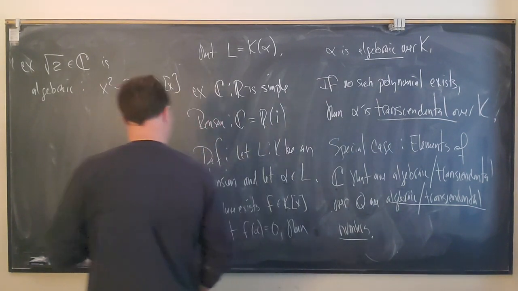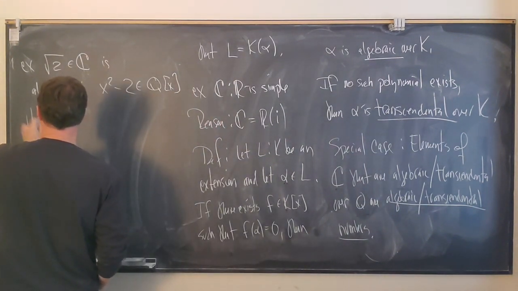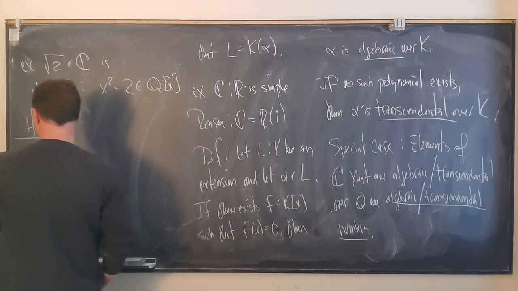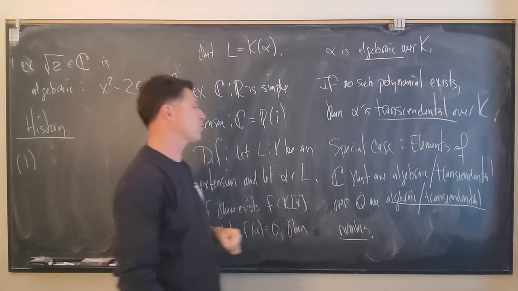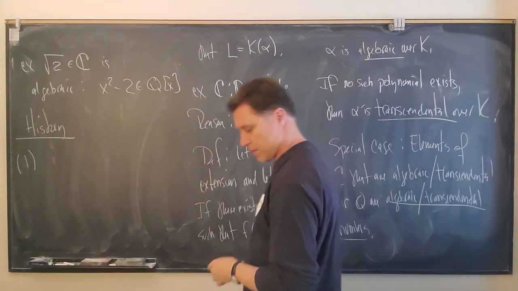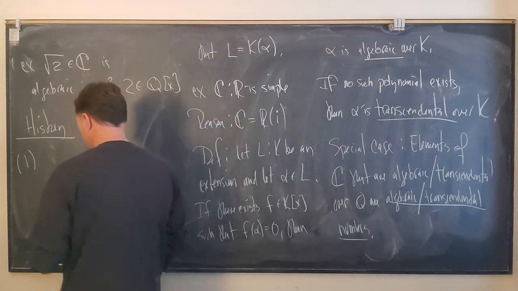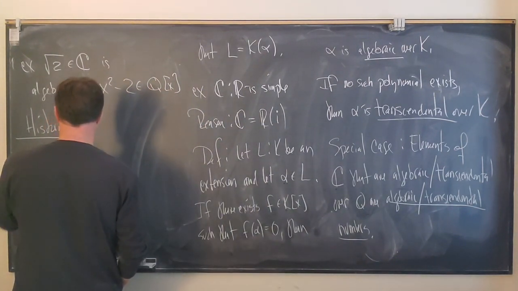There's some history that goes along with this notion of algebraic and transcendental. The first one is due to Hermite.